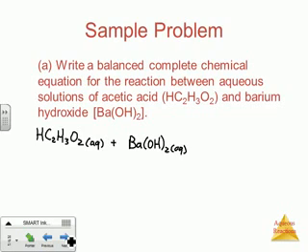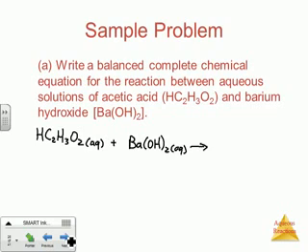Now this one's kind of tricky because acetic acid is not on our list of strong acids. That's a weak acid. It means it's not going to completely break apart in water. But that doesn't really matter too much for this equation that we're writing right here.